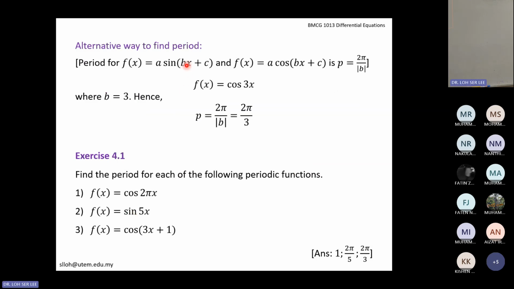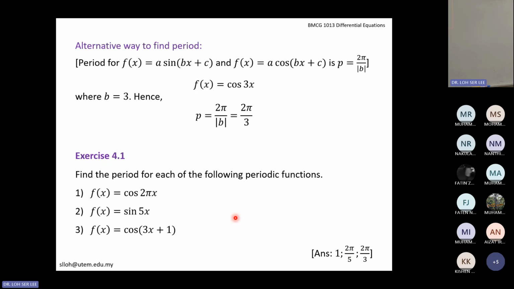Now we look at question number 2, sine 5x, compared with sine bx plus c. So the b is 5, and the period will be 2 pi over 5.